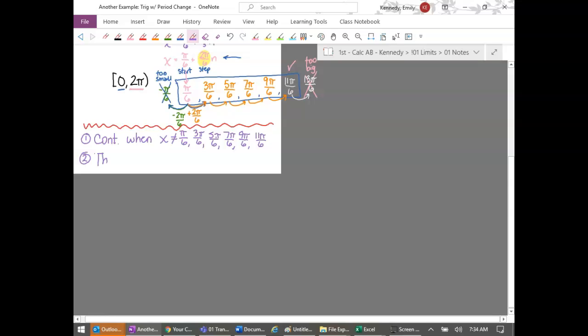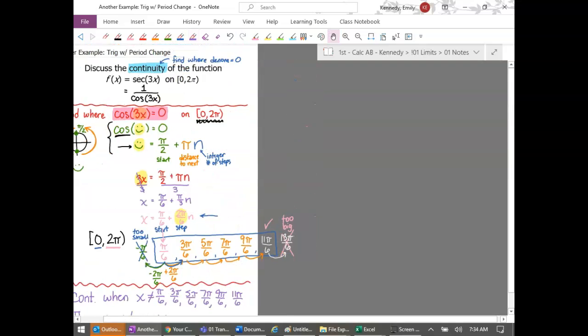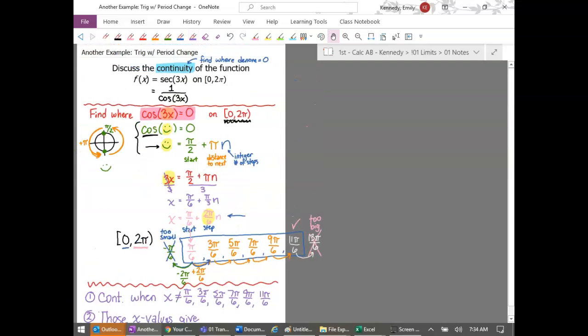And then we have to decide whether those x values, or those x coordinates, give us removable or non-removable discontinuities. And once again, I'm going to go back to the very beginning, because if you remember what the basic secant graph looks like, you might remember that that's another one that has vertical asymptotes, and it has some upward pointing u's and some downward.